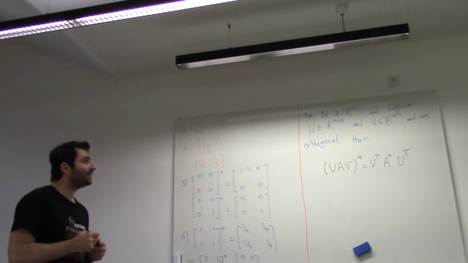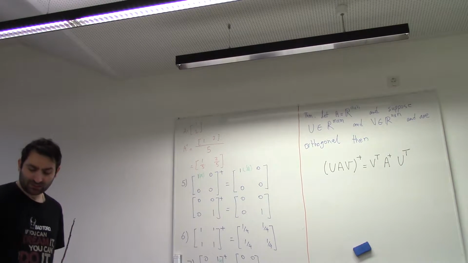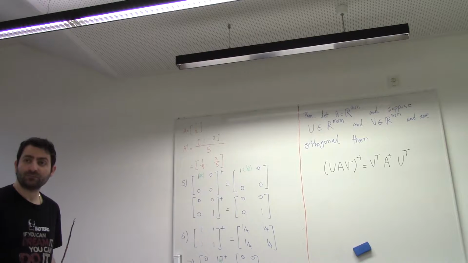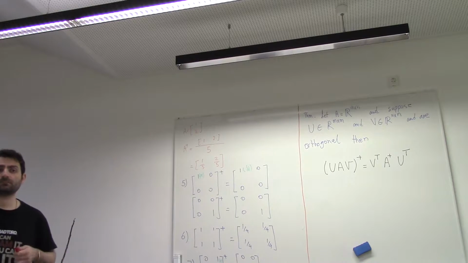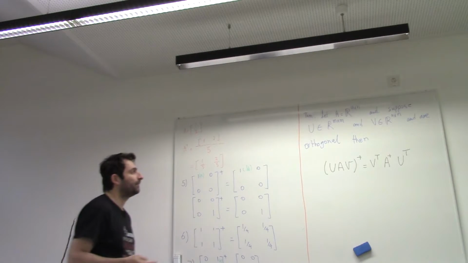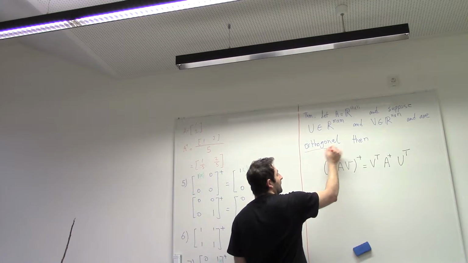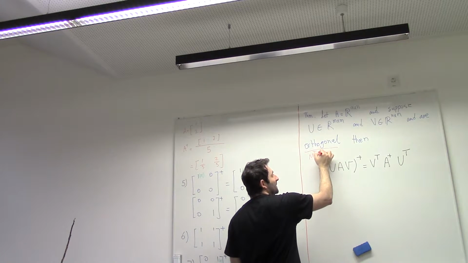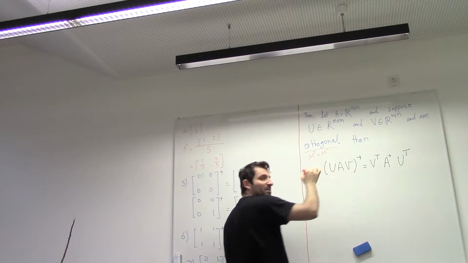Can you tell me what is the meaning of orthogonal? What properties does it bring? It means that M transpose is equal to M inverse.